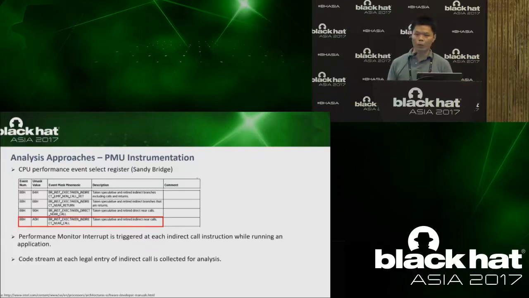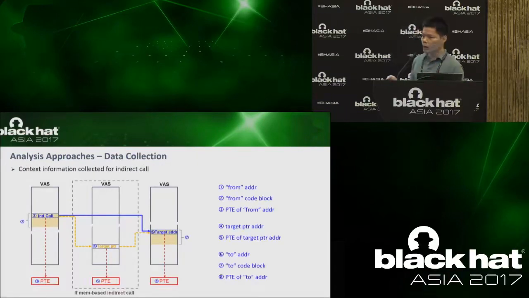So what kind of data did we collect in our study? There are three addresses involved in each memory-based indirect call. We have a from address, where this memory-based indirect call takes place.